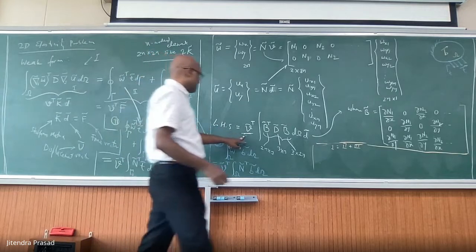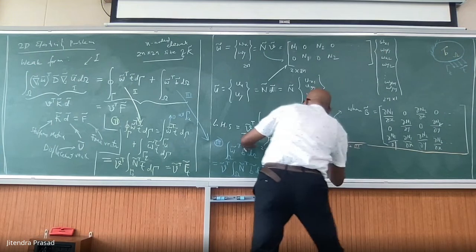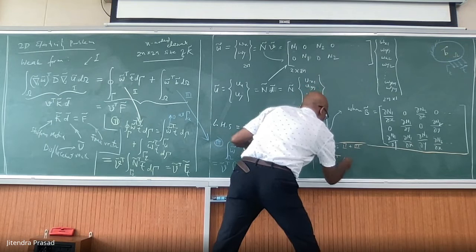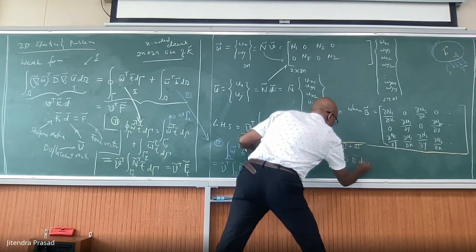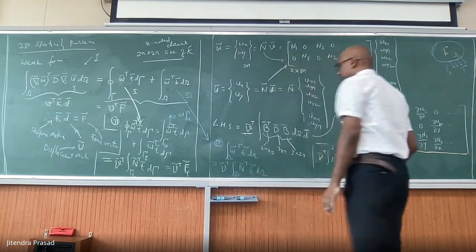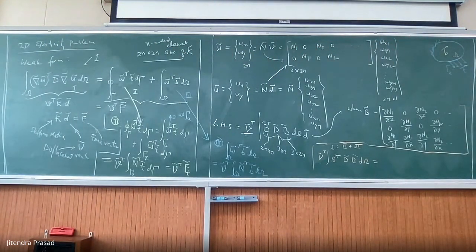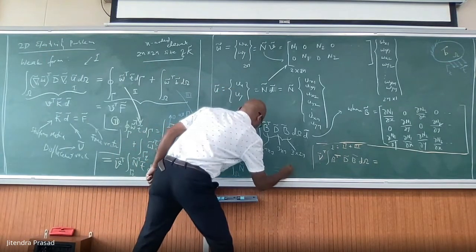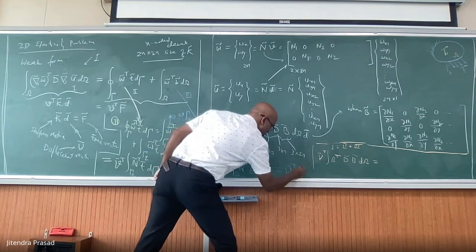This one, left hand side, right? So this we have V transpose B transpose D B d omega is equal to, then you have the first one, right? So this also we can write, this is equal to V transpose F, which is coming from because of the V.